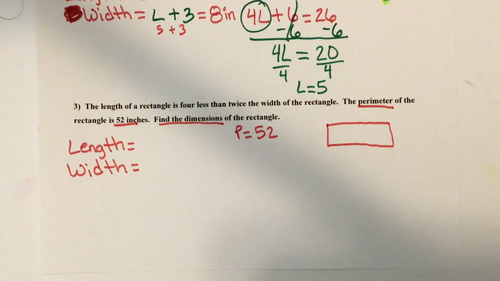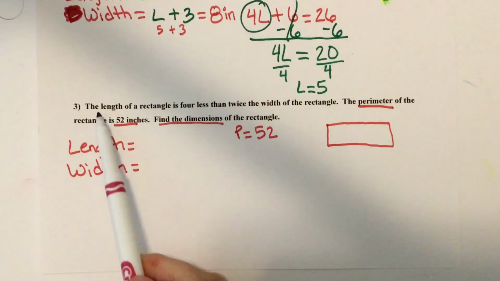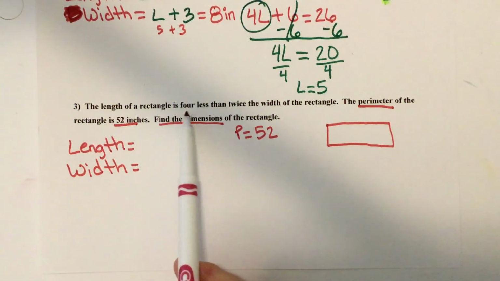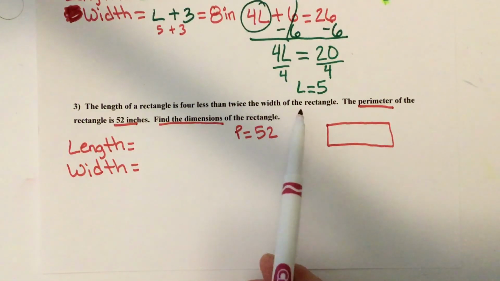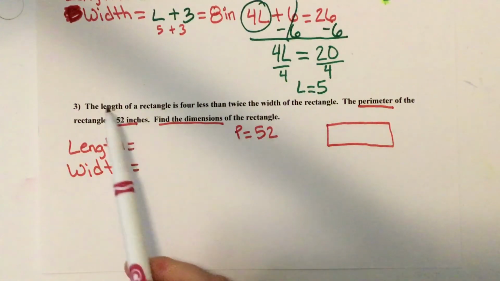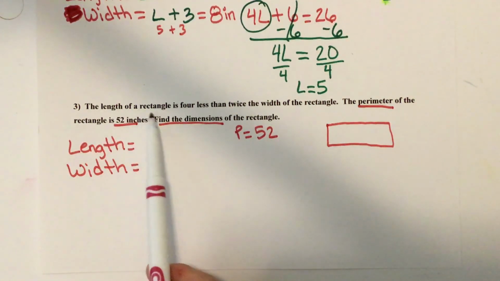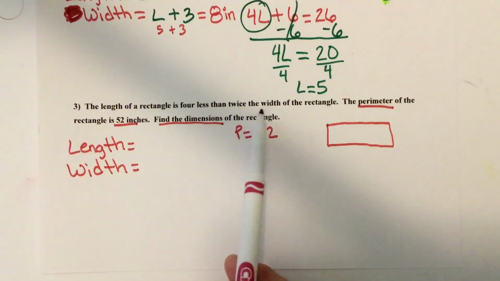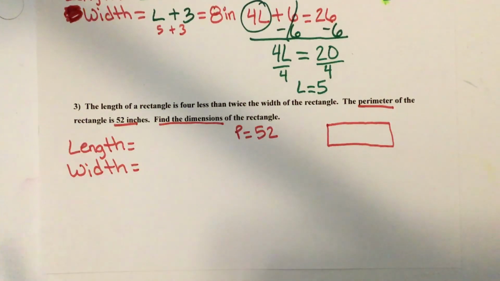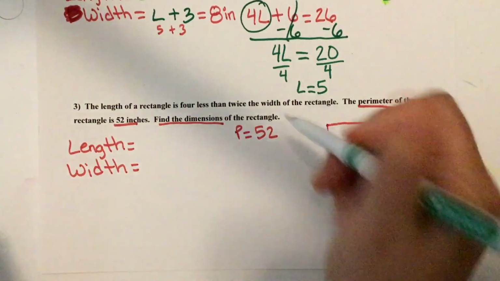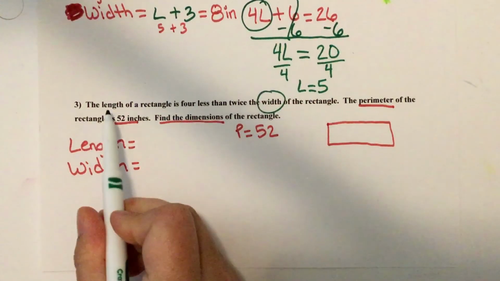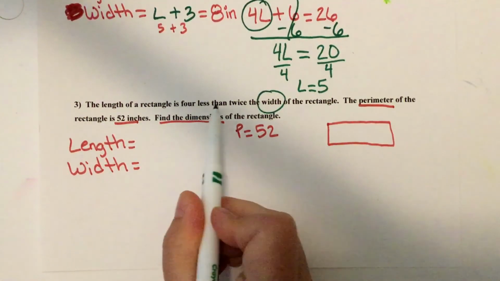So first I need to figure out what is not described. Is it length or is it width? So let's look at this first sentence. The length of a rectangle is 4 less than twice the width of the rectangle. Which one do you think is not described? The length of a rectangle is 4 less than twice the width. Width is not described. They tell me all about the length. The length is 4 less than twice.